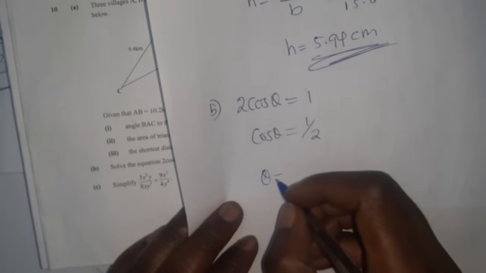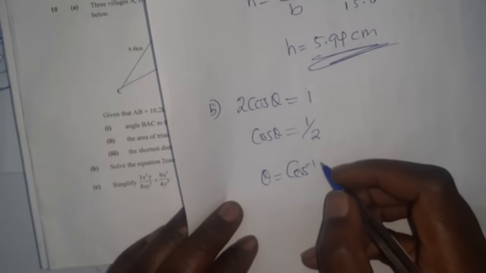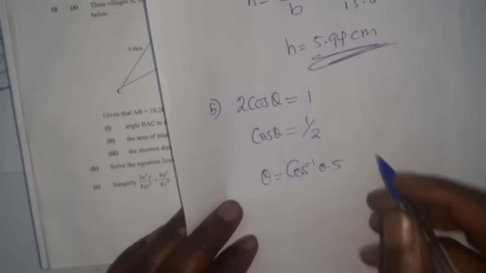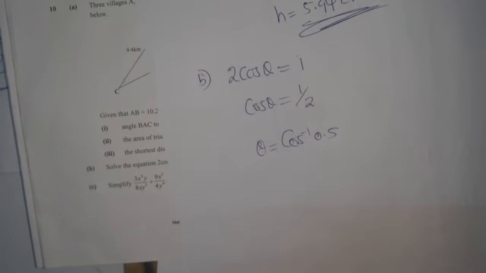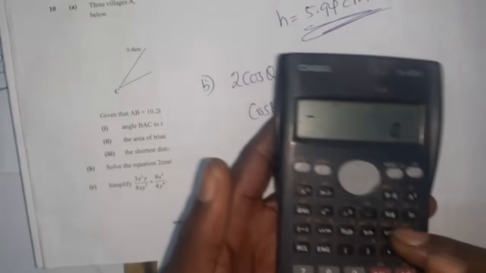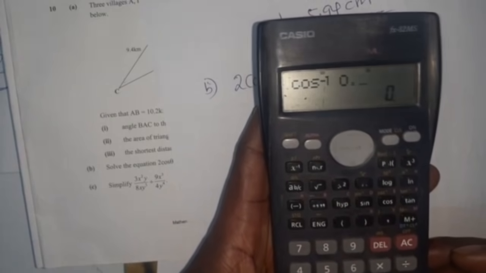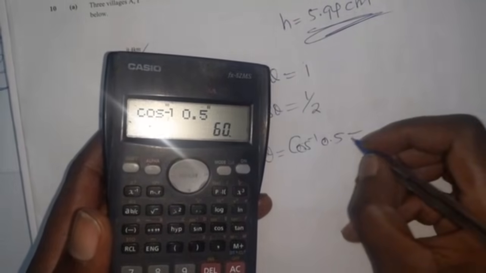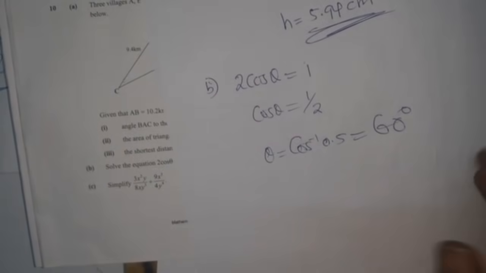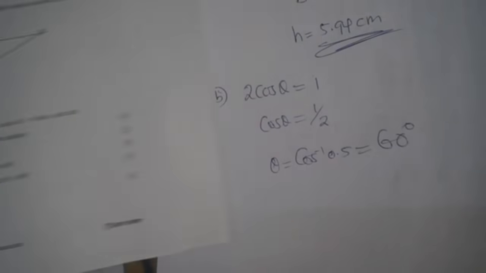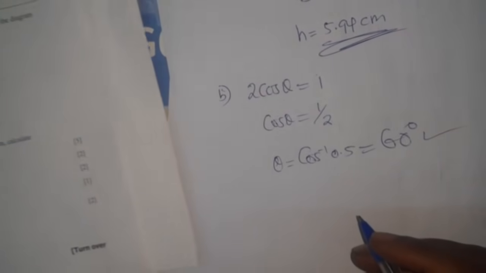So theta is equal to cos inverse of 0.5, because this is the same as 0.5. So we can say shift cos 0.5. We are going to get what? 60 degrees. And that is the angle that we're going to be given, because we're just looking from 0 up to 180, so we're just looking at the first and the second quadrant. So cos is positive in the first quadrant. So that is what is going to be our answer.